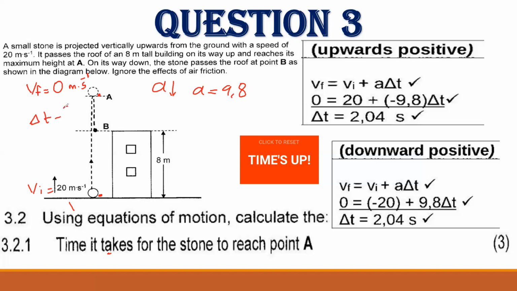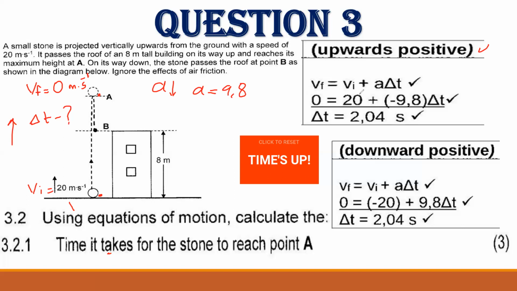How can I calculate it? I just choose the formula from the formula box: V final equals V initial plus A times delta T. But before you answer the question, you should choose which direction is positive. Say up is positive.